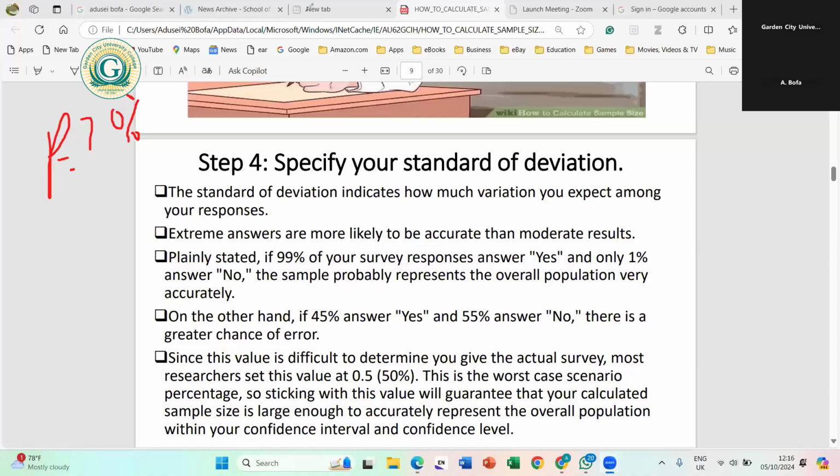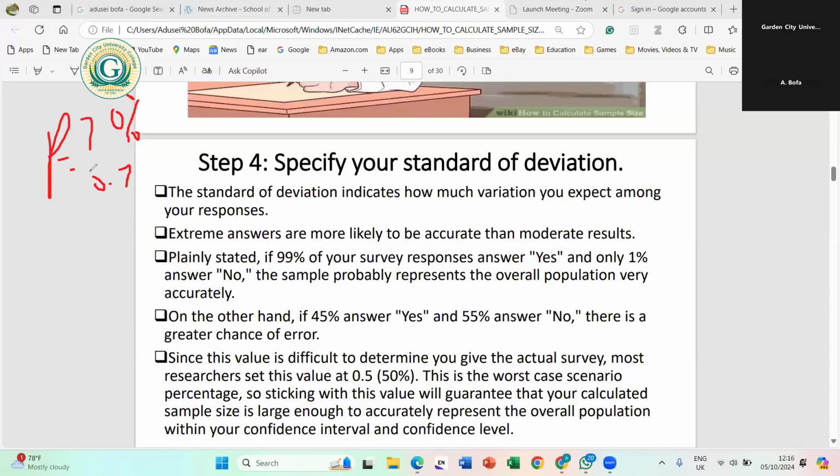You can go on and use the 0.7 because someone has already done this work and given us the information that P stands for the proportion or percentage of individuals who are experiencing that phenomenon.